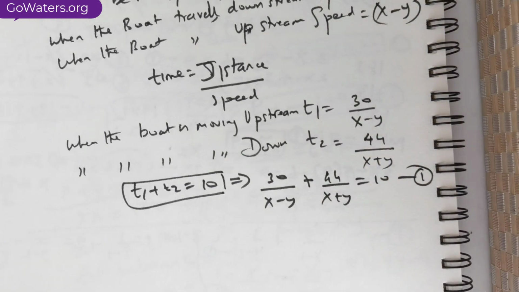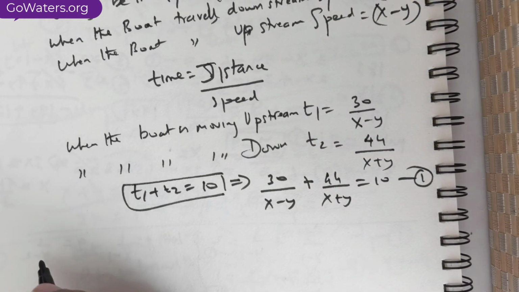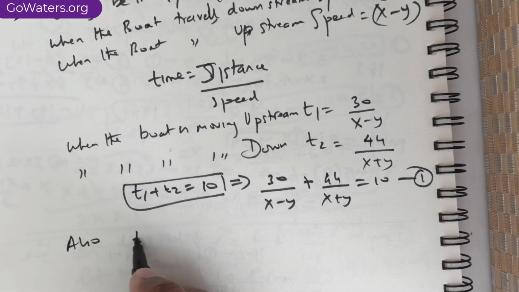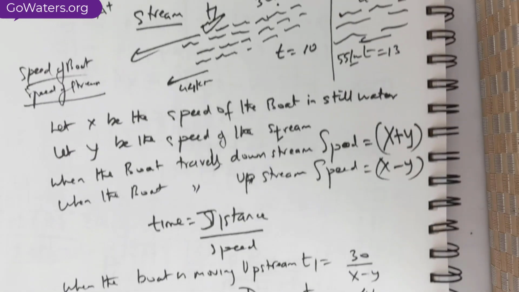This is one system. I know we have to do a lot of things, so that's why the question is a beautiful question. Now for the second part, we are given another piece of information. Also, T1 is 40 divided by x minus y.